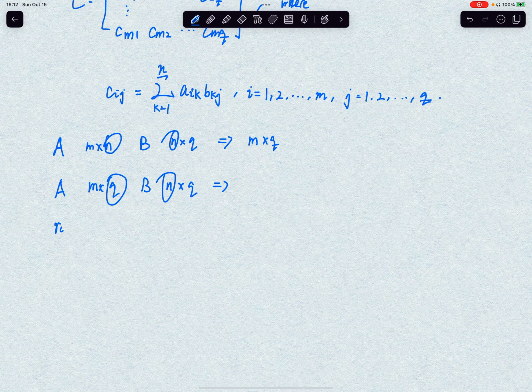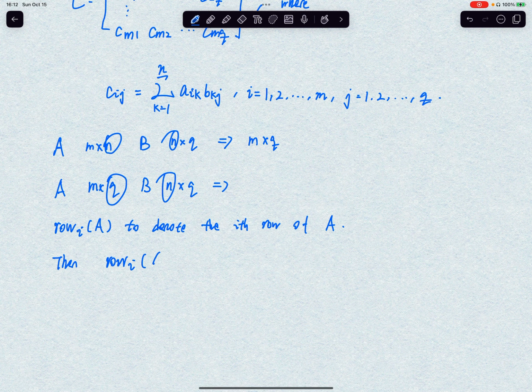And furthermore, if we use row i of A to denote the ith row of A, then we have that row i of AB equals row i of A times B. And now we shall introduce a theorem containing the properties of matrix multiplication, and recall that in saying Im, we really mean the m by m identity matrix.